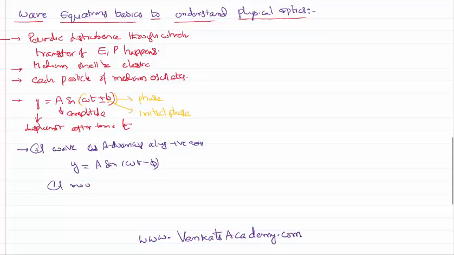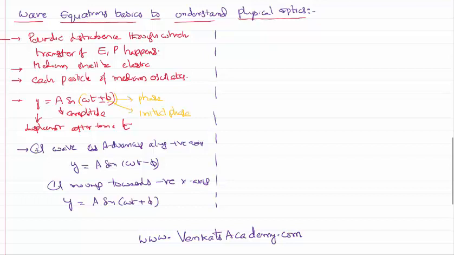If it is moving towards the negative x-axis, then we can write the formula y equal to a sine omega t plus phi, where this phi is called initial phase or epoch. So it is clear that as we move with respect to time, the position will change. So we want to find out how the position will change with respect to time, that is, with respect to the phase.